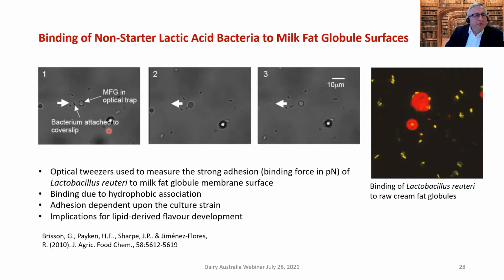So what they did is they used optical tweezers, and they took the milk fat globule and put it in what's known as an optical laser trap. And then the bacterium was attached to the cover slip of the microscope. And what they did is wait until it attached in point 2 here and drag the cover slip away. And that elongated, right where my laser pointer is here, the bacterial cell, until it finally popped off.